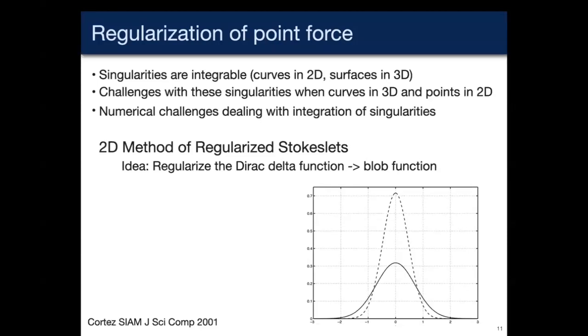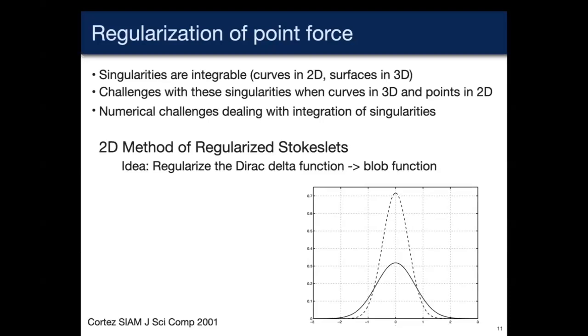And even in the case where things are nice, so even if we're looking at a curve in 2D, like the images Ricardo showed today, you still have these near-singularity issues that occur. So you have spikiness, even if it's not singular. Okay. And so this is one of the things that the method of regularized Stokes-Lit really helps with.